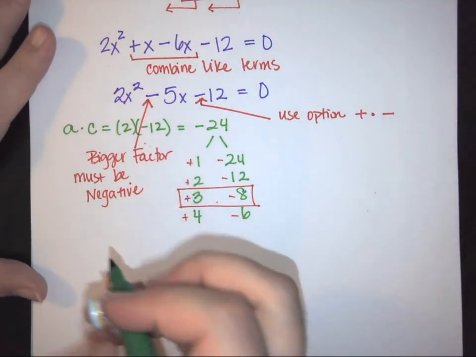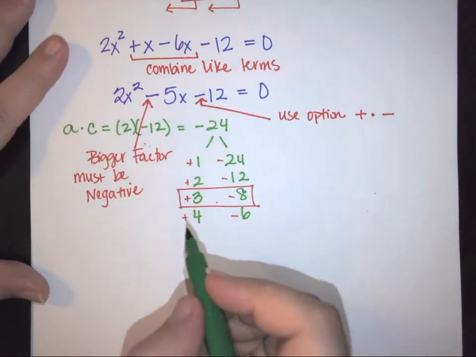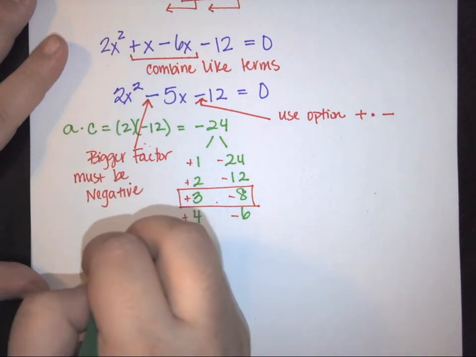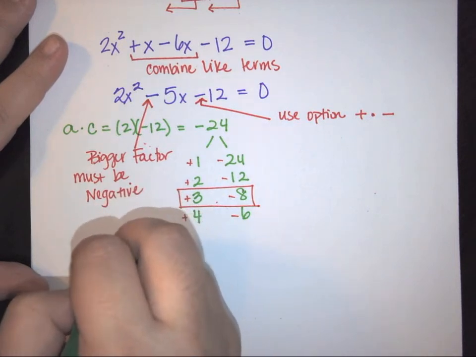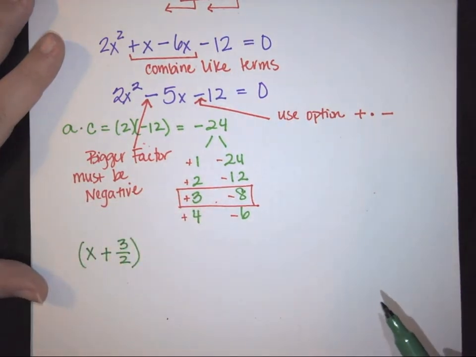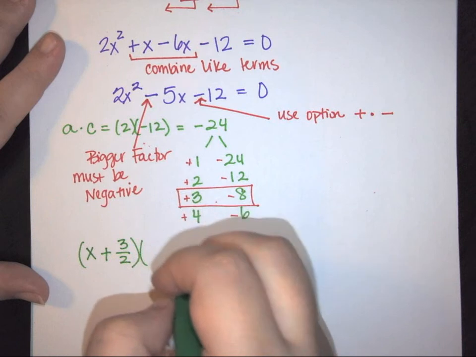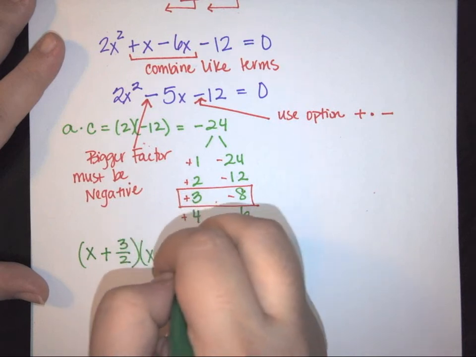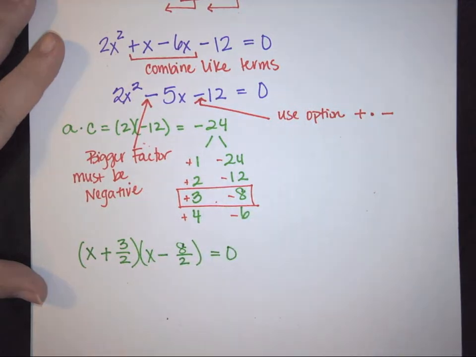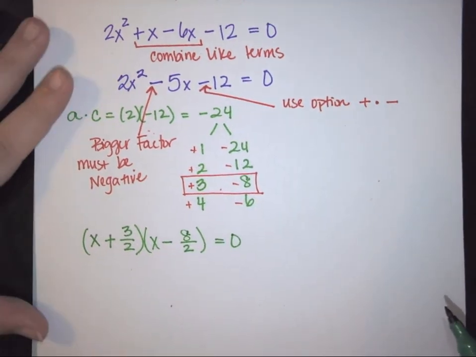So I need to set up my factors. So this is going to end up being x plus 3 over 2, because remember it is factor over a. And then I'm going to have x minus 8 over 2 and this still equals 0. You need to reduce your fractions.